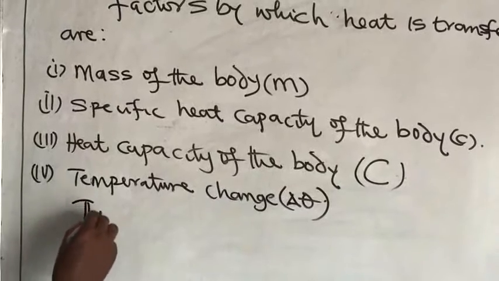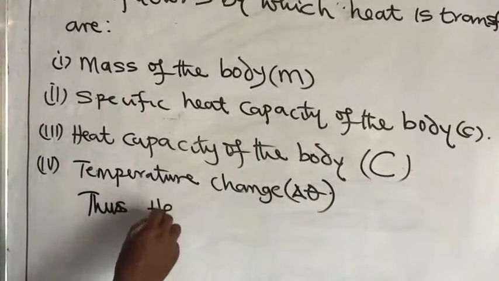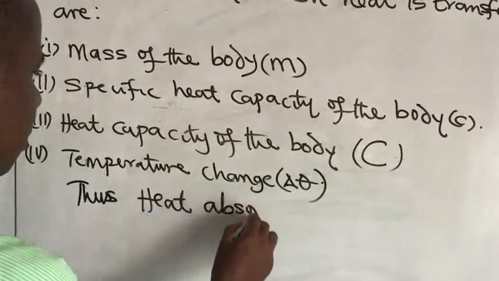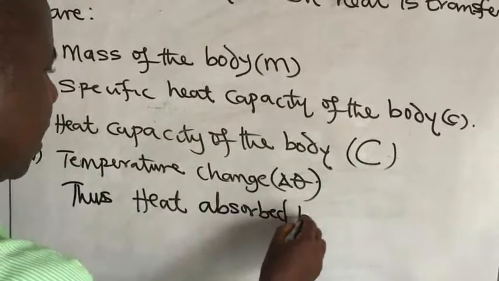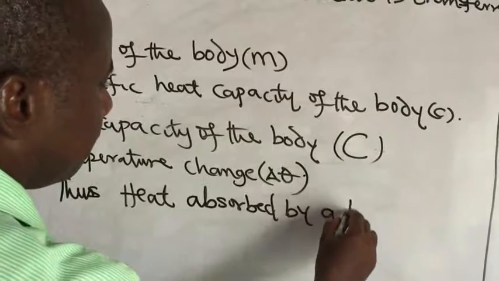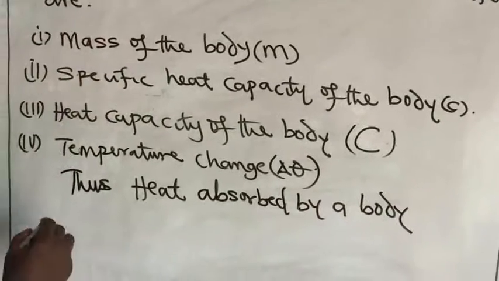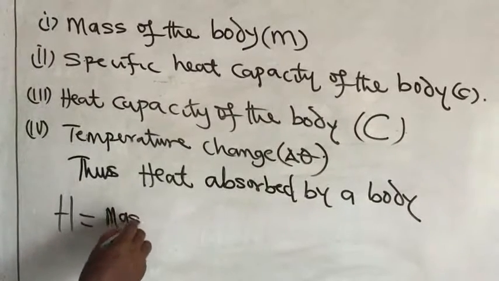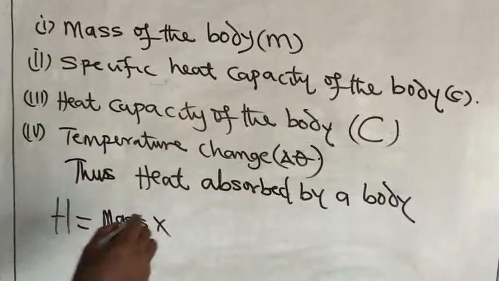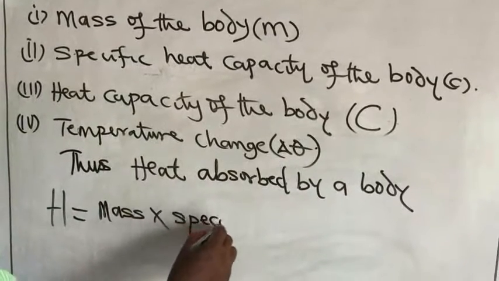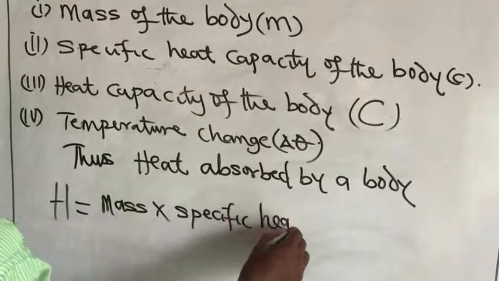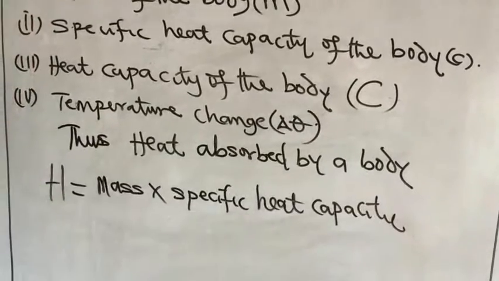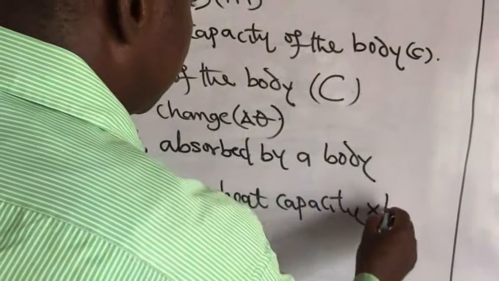The heat absorbed by a body, which is H, is equal to mass times specific heat capacity times temperature change.